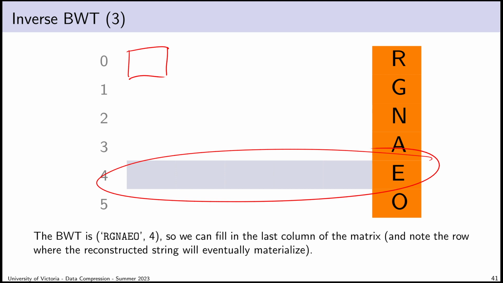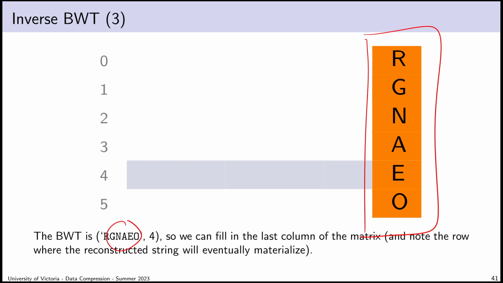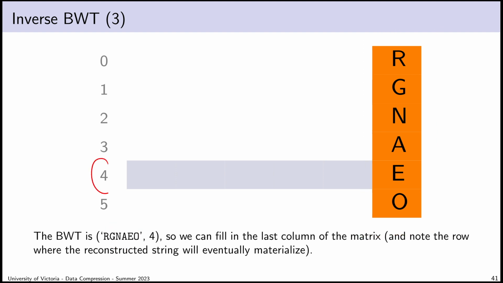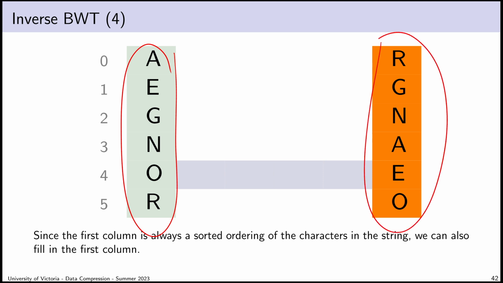At the beginning, I have managed to deduce the last column because you gave me the last column. That was the BWT. I also know what index I should expect my original string to appear at once I'm done recovering the entries of my matrix. I also know the first column though, because remember that the first column is always going to be the set of characters in the string, that is to say this set of characters, because every column contains the complete set of characters in the original string.